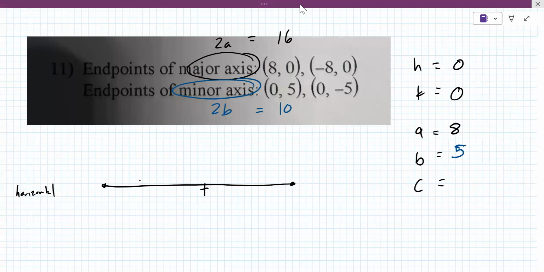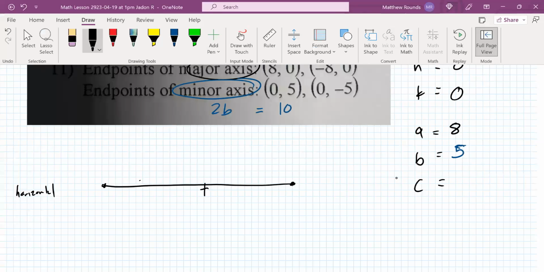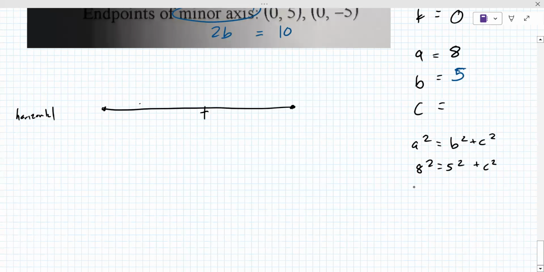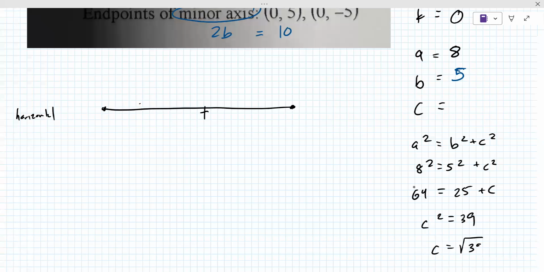To find the third letter, you always use that relationship: A squared is B squared plus C squared, so 8 squared equals 5 squared plus C squared. This is our first one where it really isn't going to work out super nice. C squared equals 39, so C equals the square root of 39, which is 6 and some change.